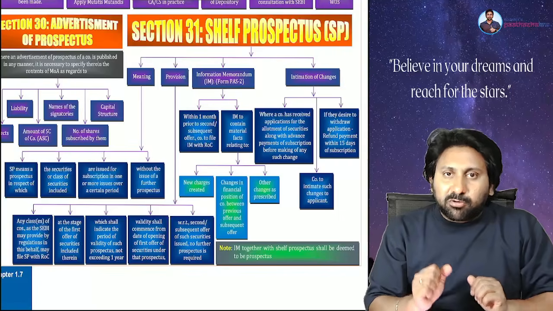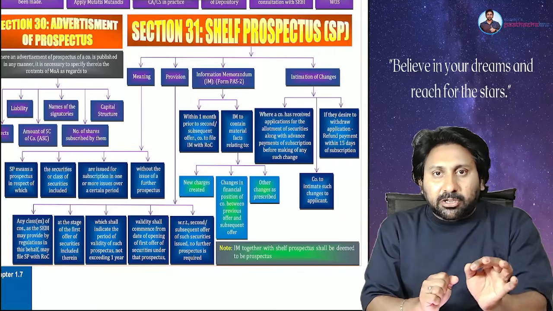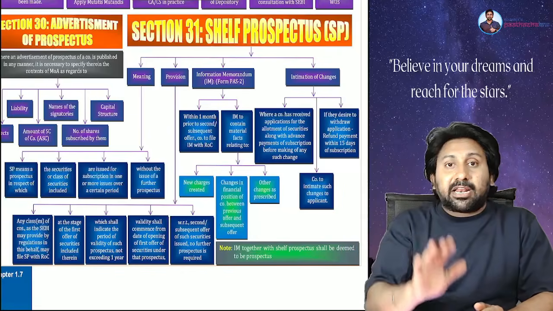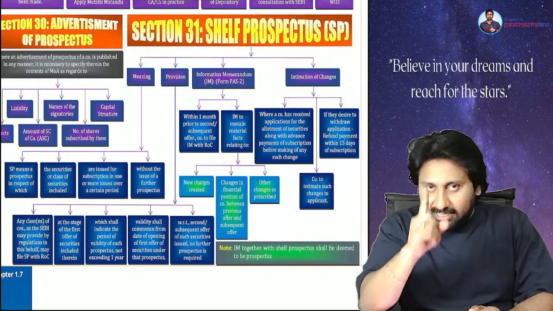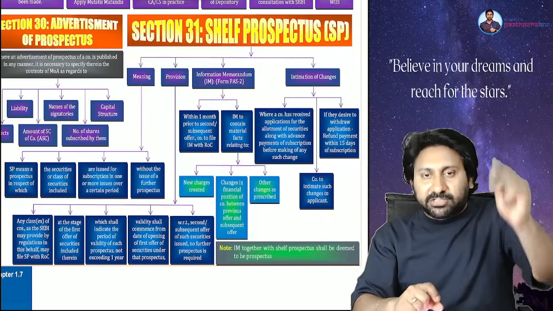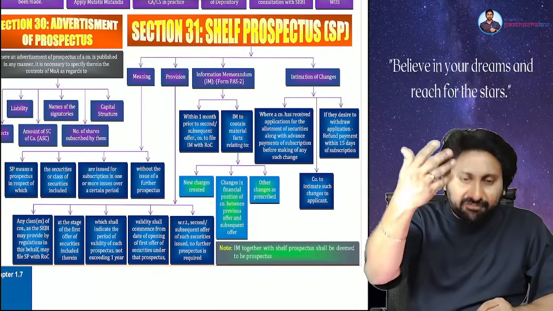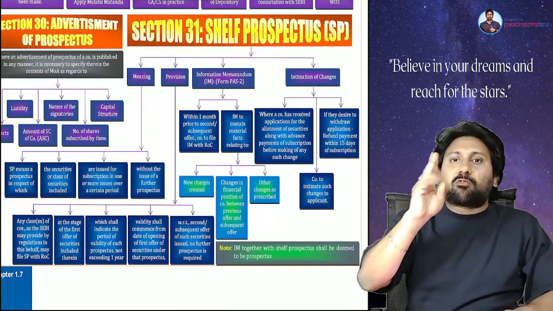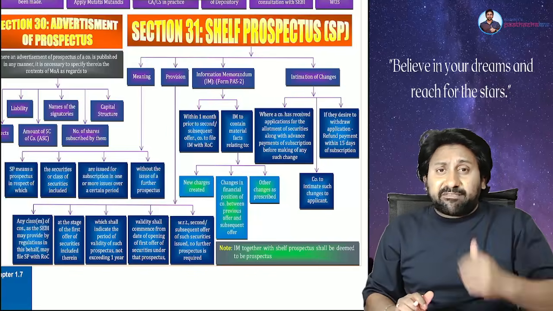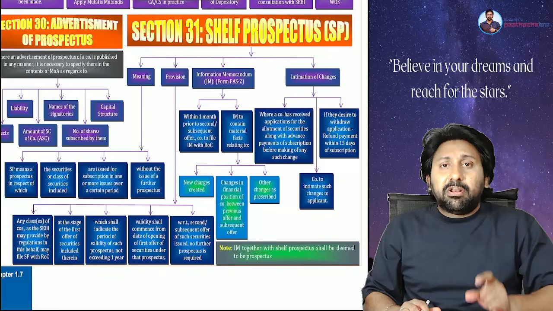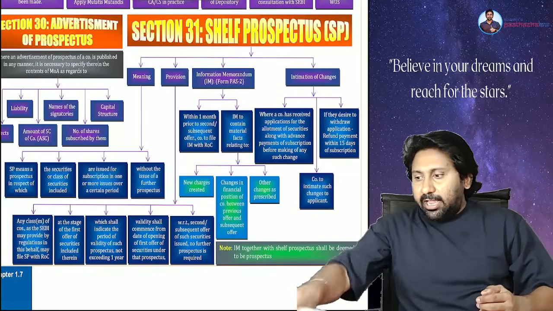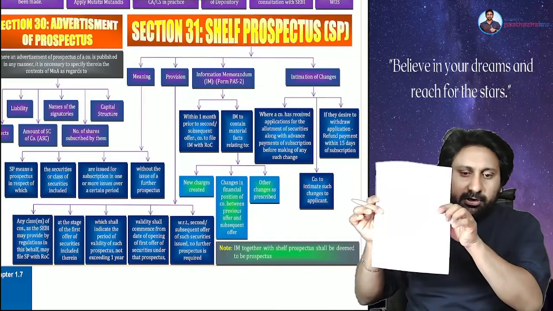Okay. From this, what you have to understand? Red herring prospectus is a prospectus which contains all particulars except two: particulars of price and particulars of quantum of securities. So demand discovery and price discovery will be done using the concept of a red herring prospectus. For example, this is the red herring prospectus.